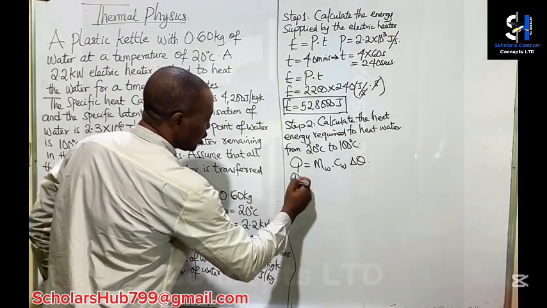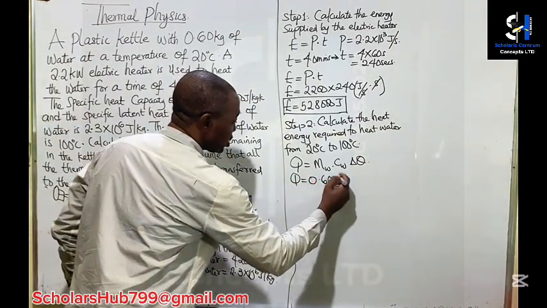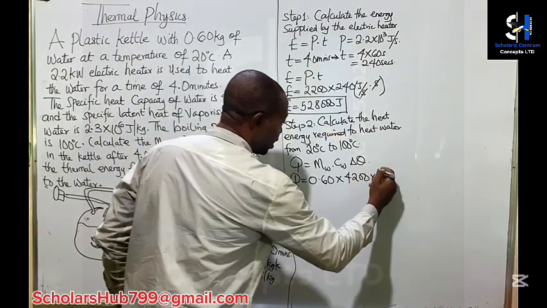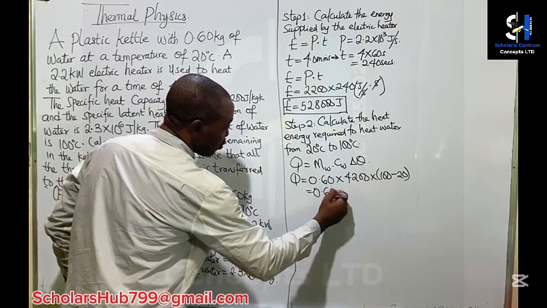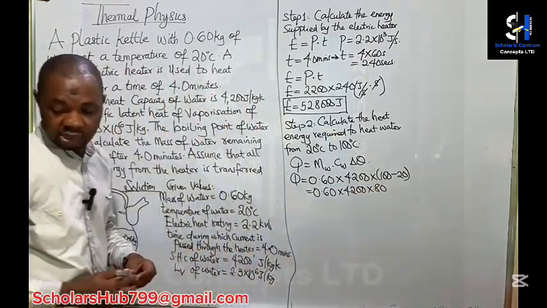So in this case, the mass of water is 0.60 multiplied by 4,200, then multiplied by 100 minus 20. So this will be 0.60 times 4,200 multiplied by 80.